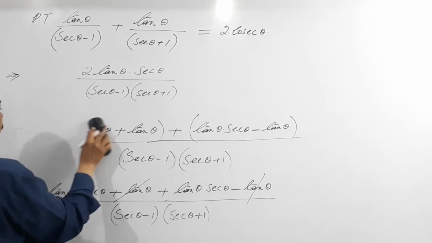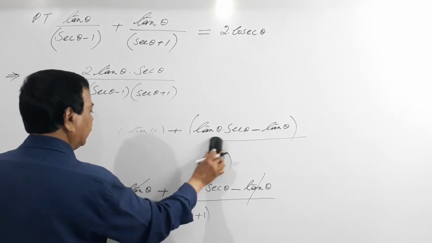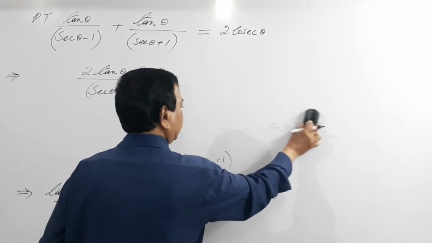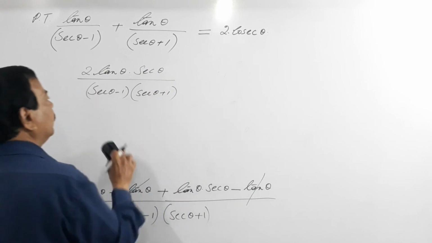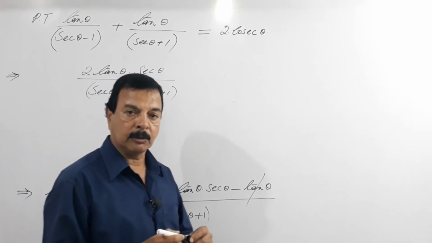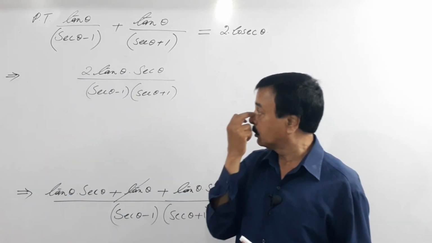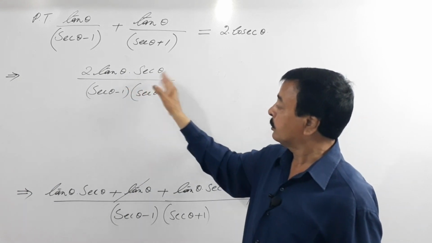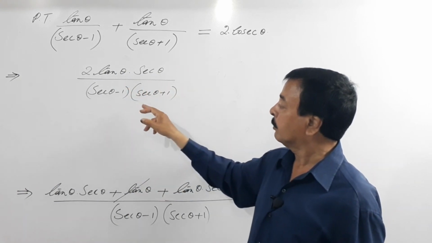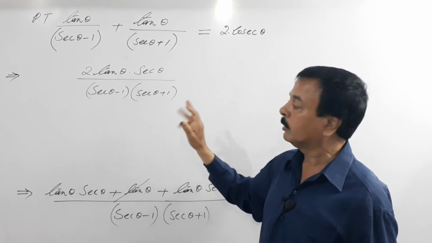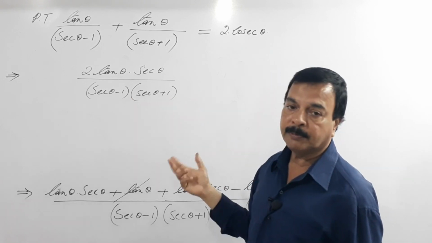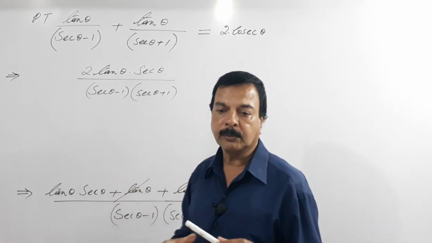Isko mita denge, hata denge. Iske baad kya karenge, so what shall we do out of this, so we have 2 tan θ into secant θ minus 1 into secant θ plus 1. Don't you think this is a minus b into a plus b? Yes, it's true.